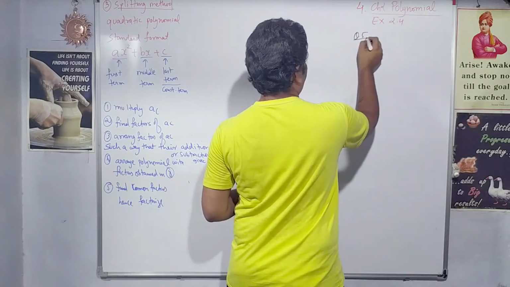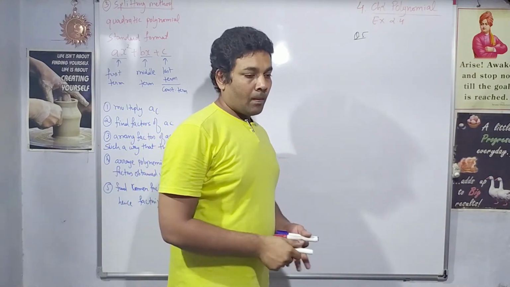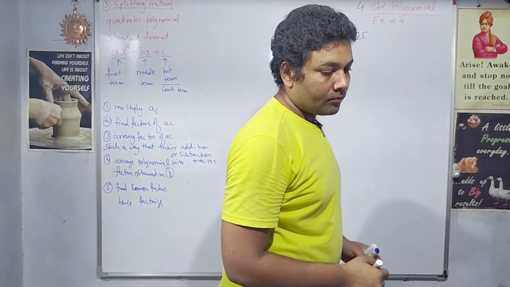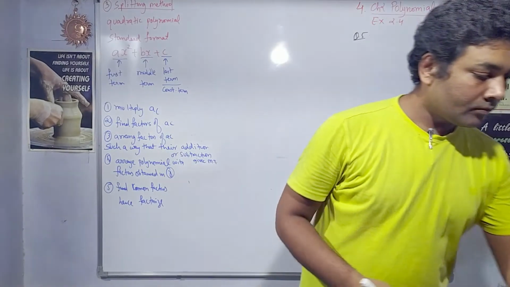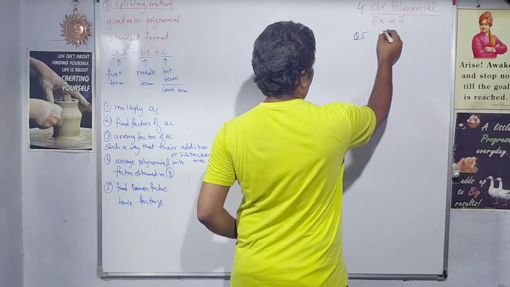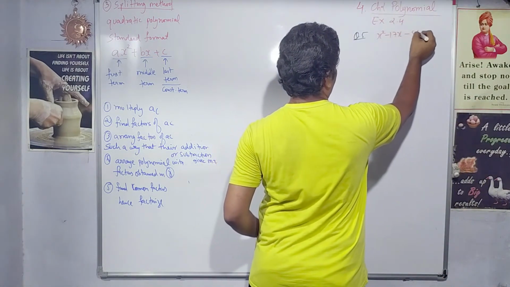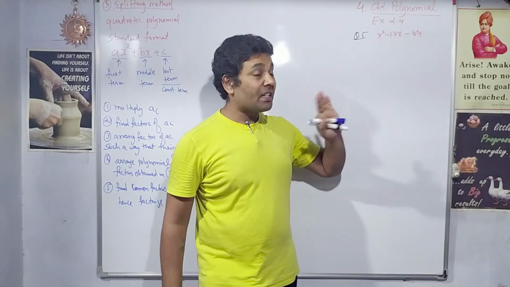Next, question number 5. X square minus 17x minus 84. Now here don't ever dare to use the hit and trial method.